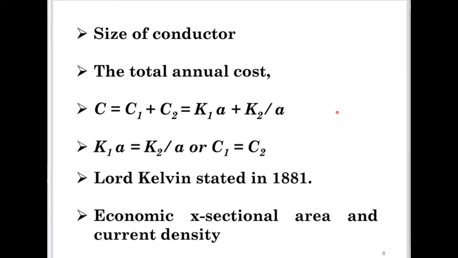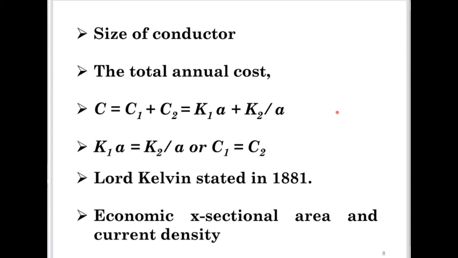So when we talk about the charges now and relate them to the cross-sectional area of the conductor, we can represent that according to Kelvin's law, which was stated in 1881. So you can imagine, it was about 140 years ago.